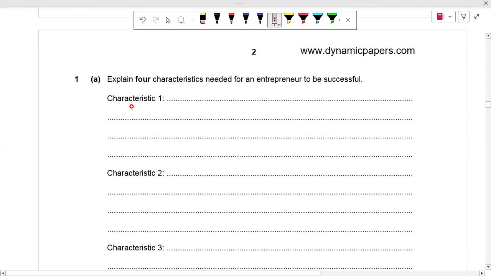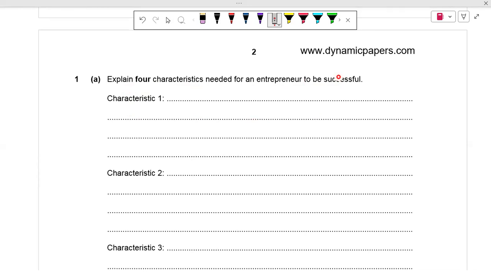Okay, so we have question number 1, in which the examiner is basically asking, explain 4 characteristics needed for an entrepreneur to be successful. So we know that there are a lot of characteristics which are very important for the success of an entrepreneur.